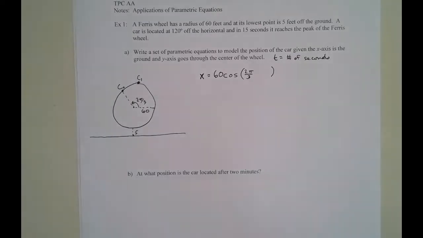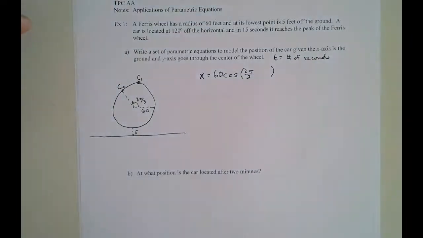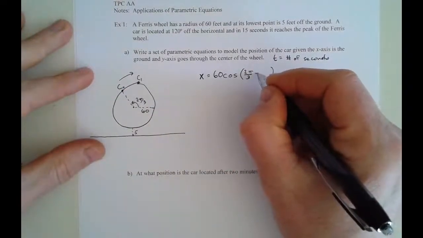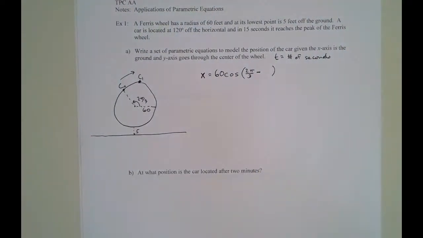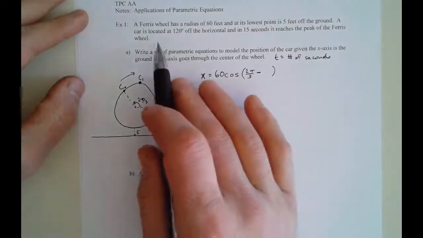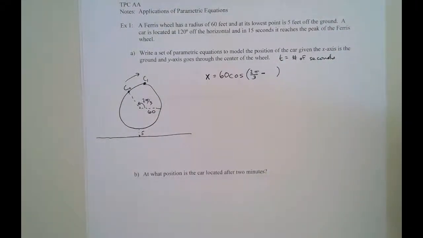But we have to remember that time is going to be changing, so it's going to be moving. And since we're going counterclockwise, it's going to make my angle smaller, so I'm going to do a minus. I'm sorry, since it's going clockwise. Where does it say that? Did I forget to actually put that in there?